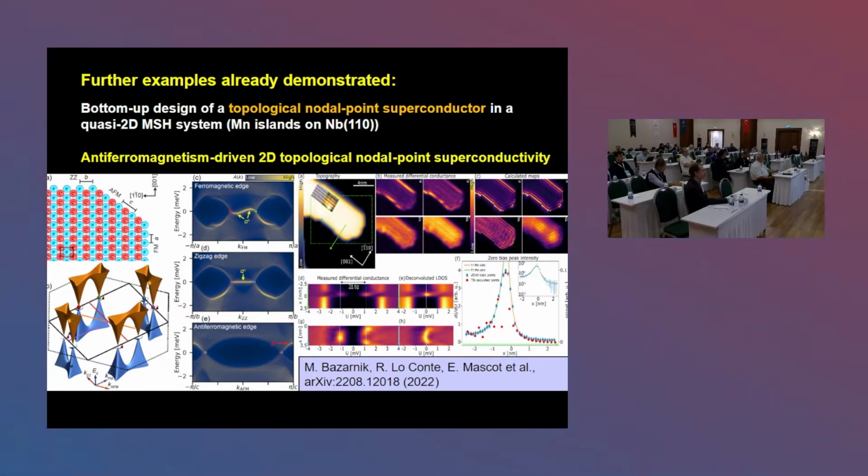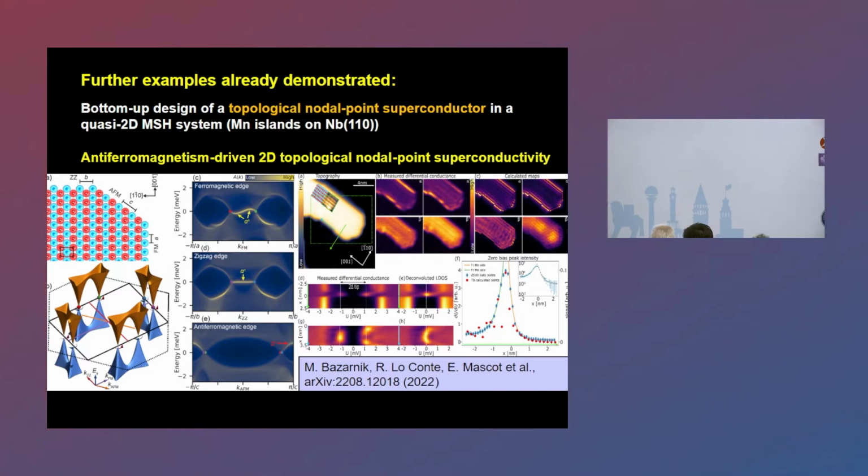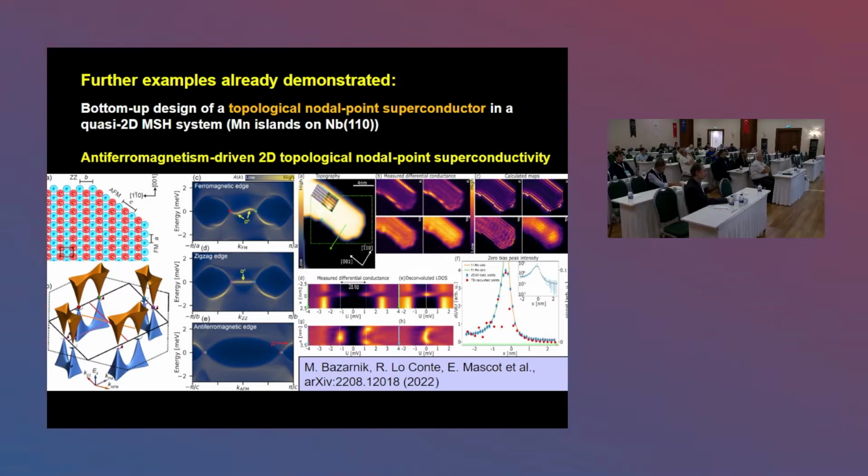And the nodal point superconducting state, which was predicted, is beautifully reflected in the scanning tunneling spectroscopy maps, and you can prove that by looking at the different signatures of different edges. For an antiferromagnetic island, namely, you have ferromagnetic and antiferromagnetic edges, and also these more open ferromagnetic edges. And the different edges show up differently here with different brightness, and you can read this in more detail in this publication.